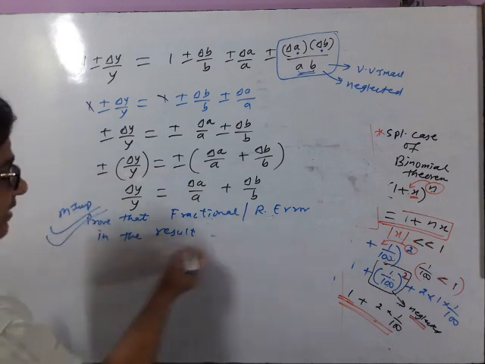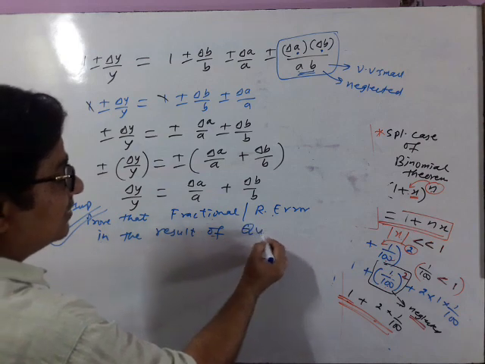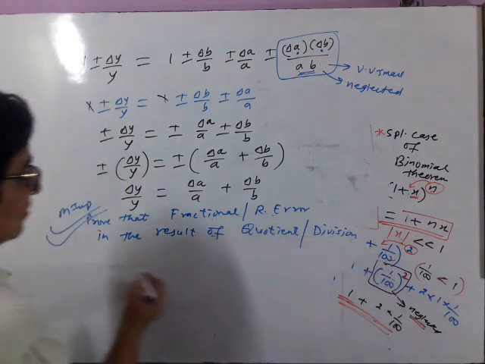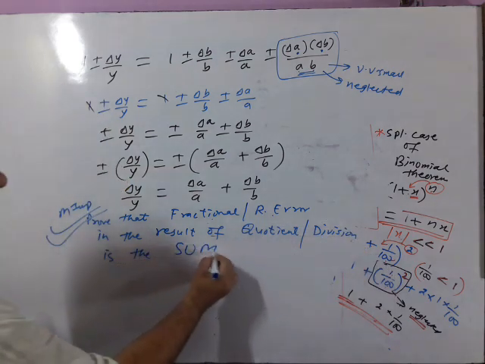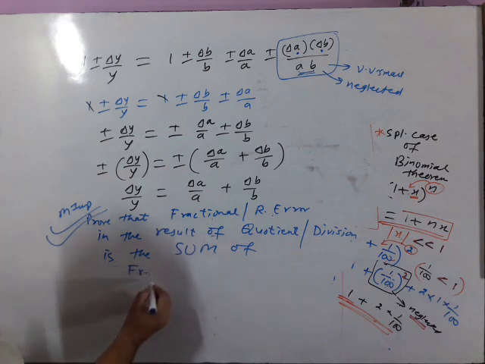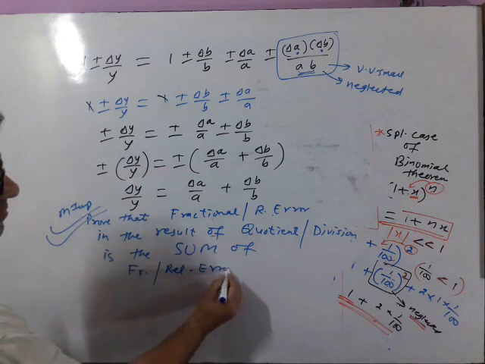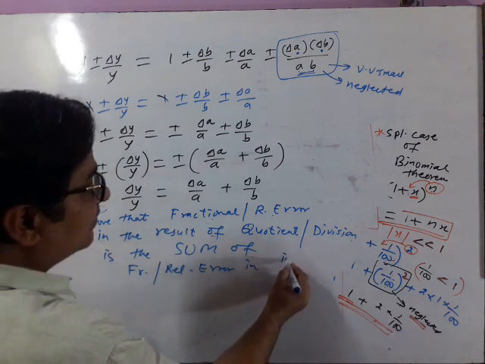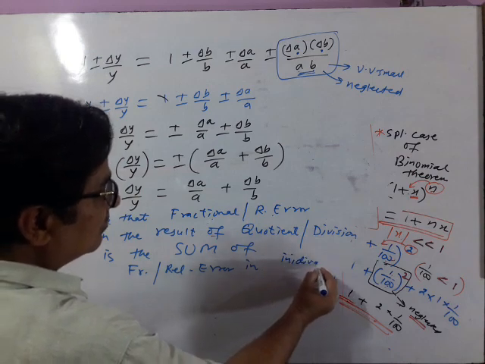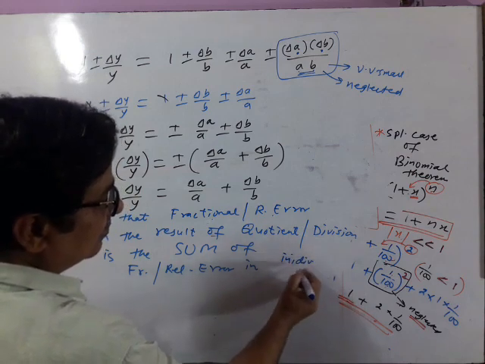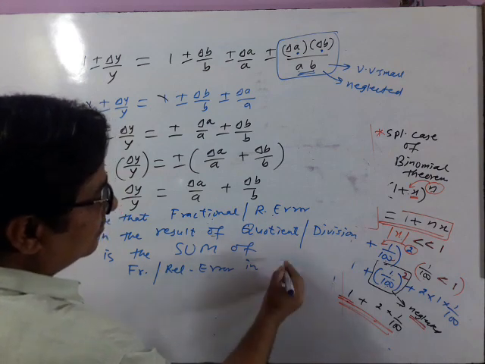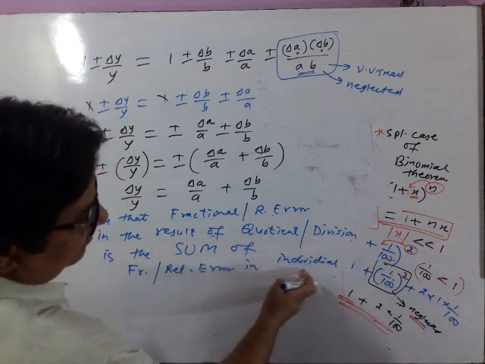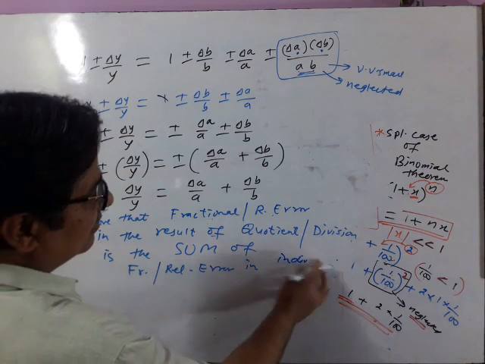Prove that fractional or relative error in the result of quotient or division is the sum of fractional or relative error in both, in individual values. This is most important, remember this.